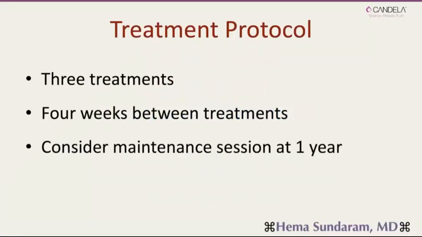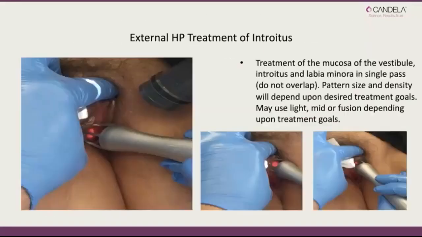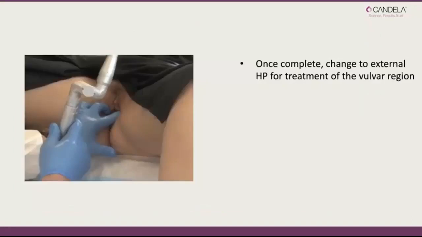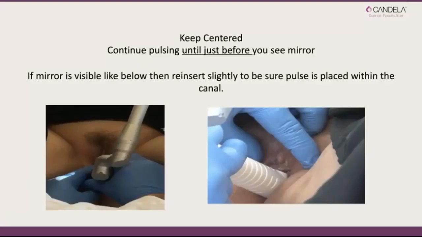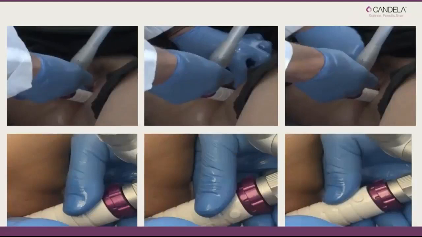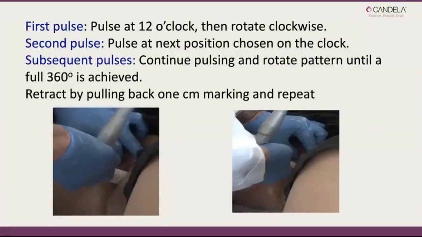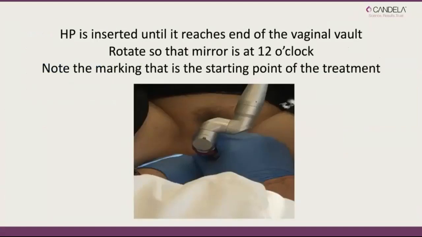Let me see if I can go back to those images and I can show you for the internal. So this is a cone-shaped or a linear device, and we're going to insert it into the vaginal canal, and we insert it to the deepest point in the vagina and rotate so we can see the mirror on top is at the 12 o'clock position, and we can see a marking, and that's the starting point of our treatment.